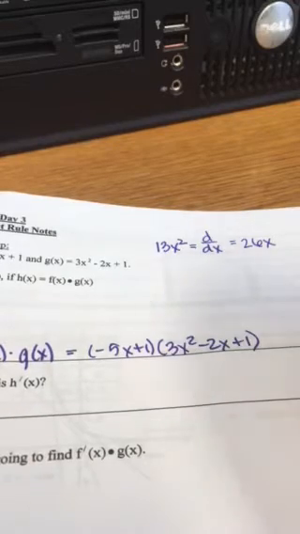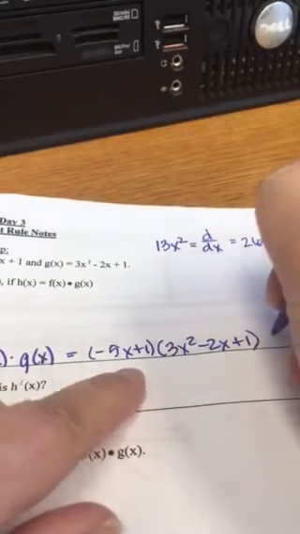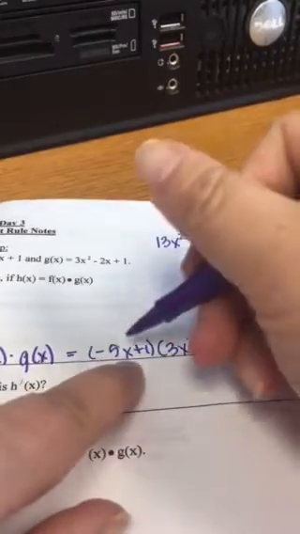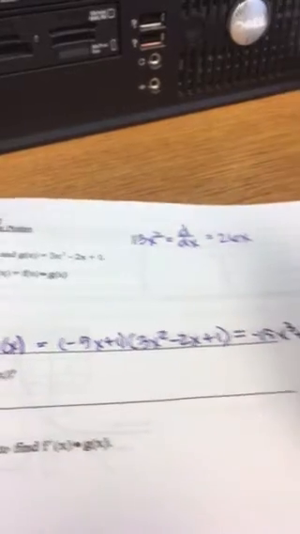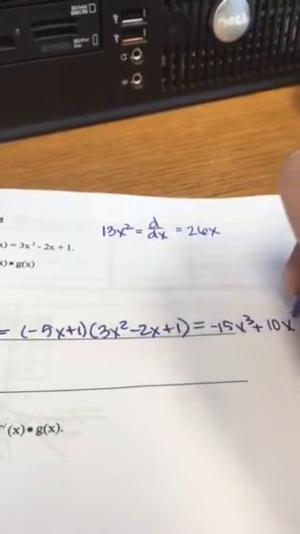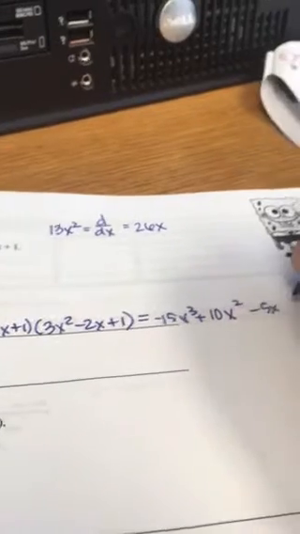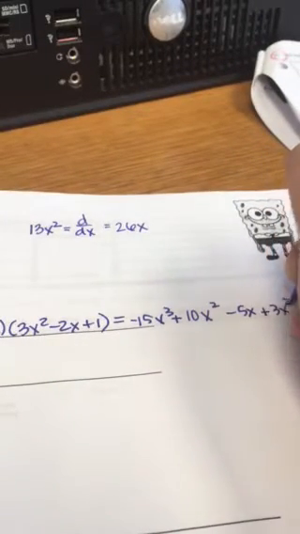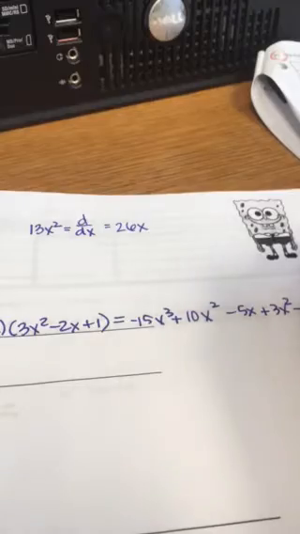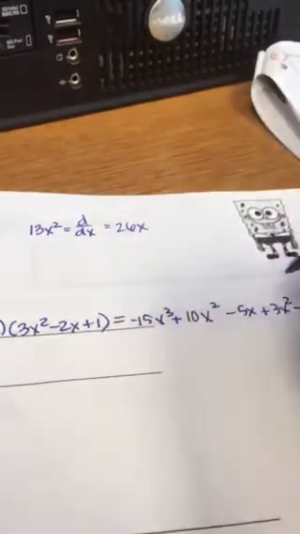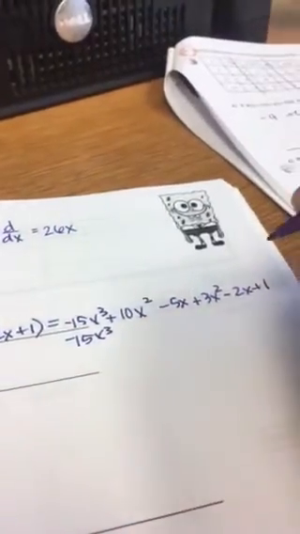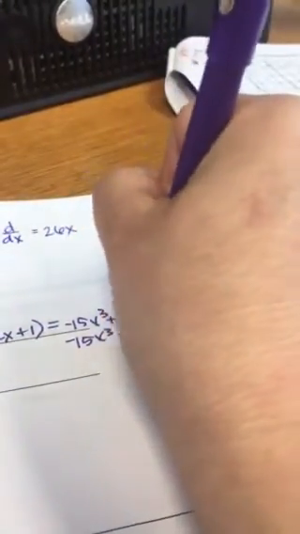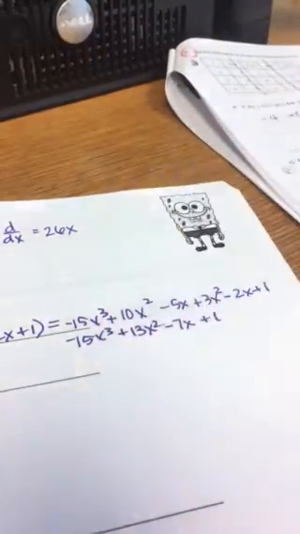All right, so right now the only way we know to do this is to FOIL this out. So negative 15x to the third plus 10x squared minus 5x plus 3x squared minus 2x plus 1. So if I have all this, negative 15x cubed plus 13x squared minus 7x plus 1.